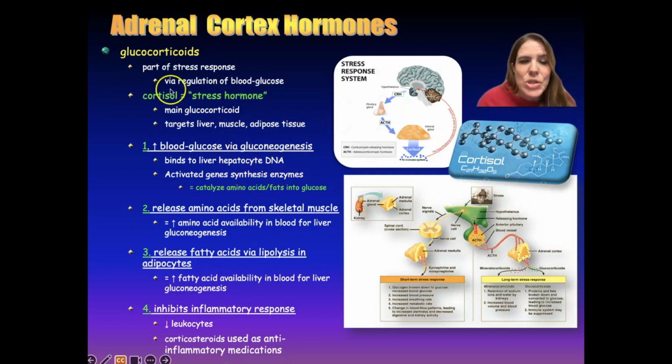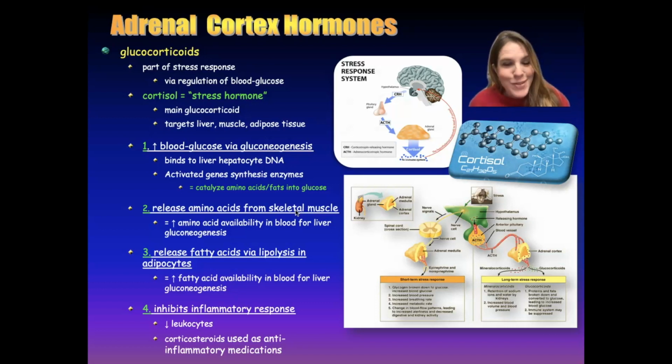Now, the other thing cortisol is going to do is tell muscle to break down to release amino acids into the blood. By breaking down skeletal muscle protein, and remember proteins are made of amino acids, it's going to ensure that there are amino acids in the blood ready to be used to help create glucose, right? So more gluconeogenesis.